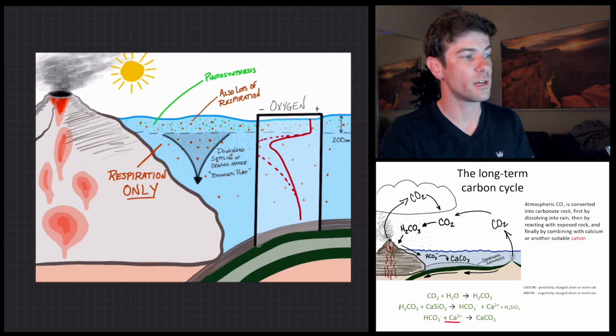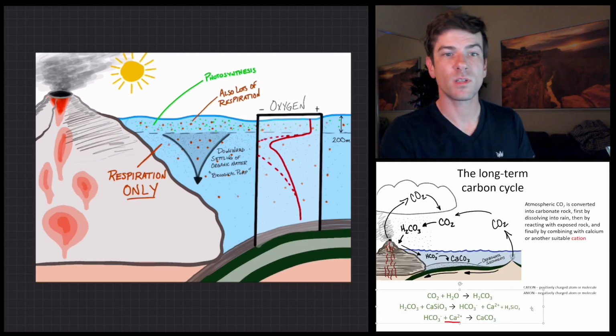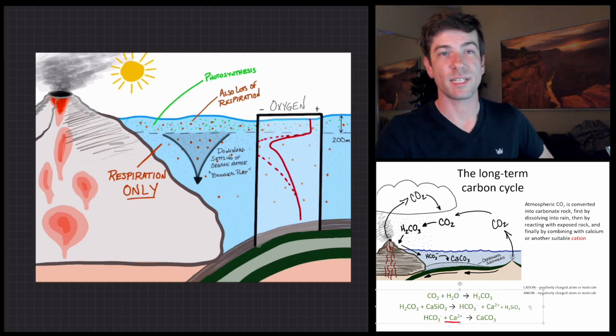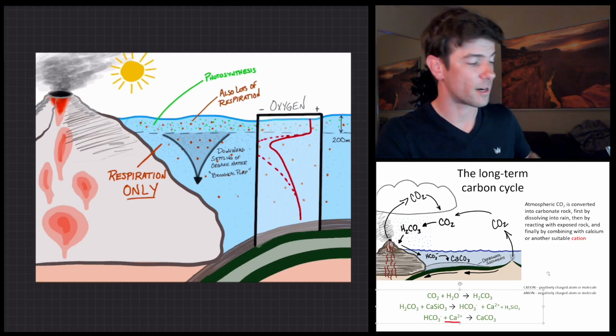This reaction here, carbonic acid plus a silicate rock creates bicarbonate and calcium. That reaction occurs faster when temperatures are higher. Most chemical reactions take place faster at higher temperatures.